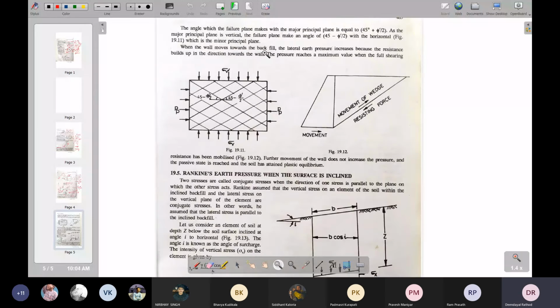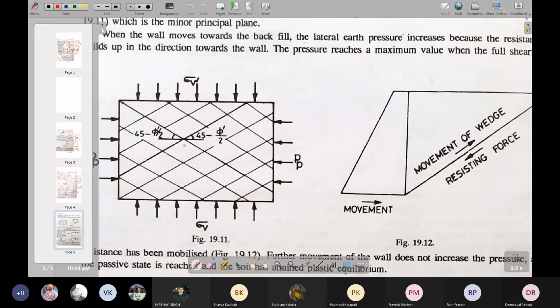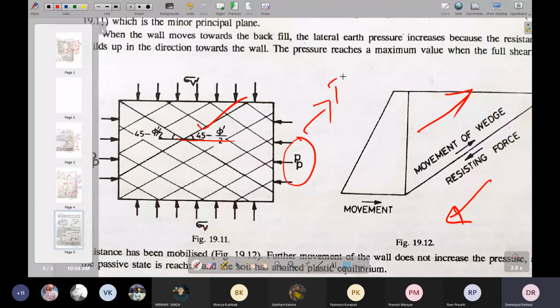The failure plane would be 45 minus phi by 2. The movement would be this one, and this will be in the reverse direction. Here this would be the major principal stress. This is constant, this increases, and failure takes place. Understood?